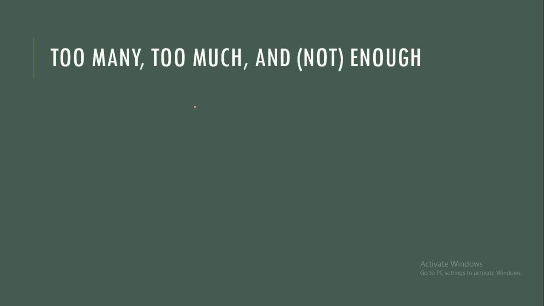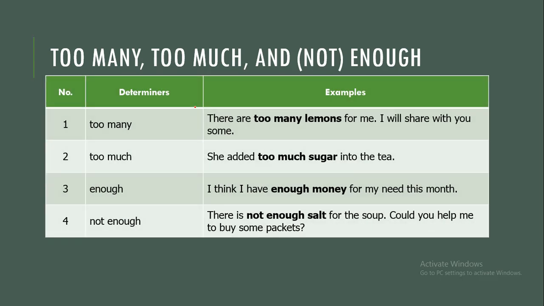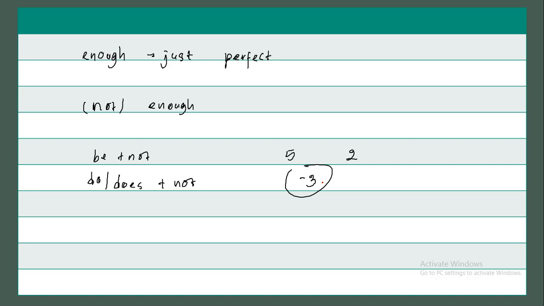Okay, now let's see the other ones. Now we have got too many, too much, and not enough. Let me emphasize first, when we are dealing with the word too, two actually is beyond the normal, so this is normal or common. When we're dealing with this one, too means at the top, the position is at the top.